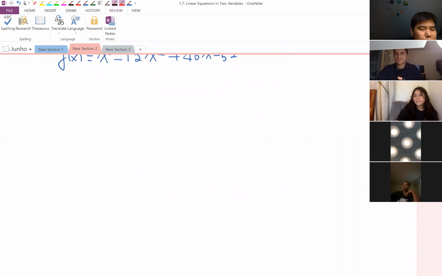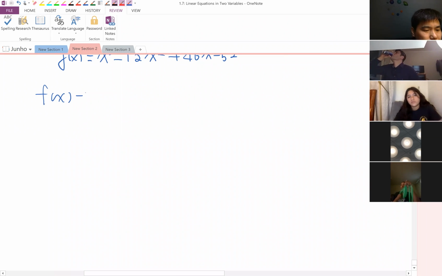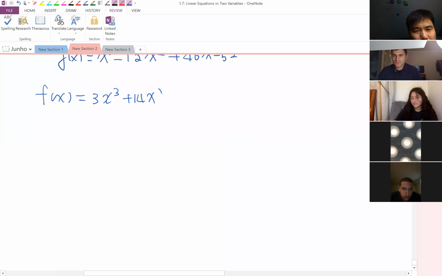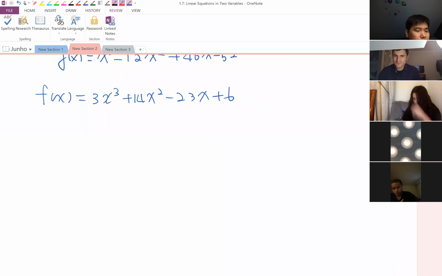So the given polynomial f(x) equals 3x cubed plus 14x squared minus 23x plus 6. So we want to find out, A, list all possible rational zeros.